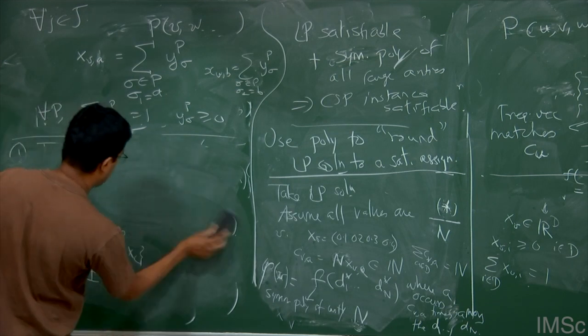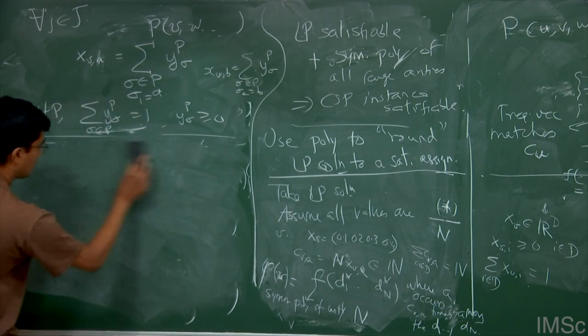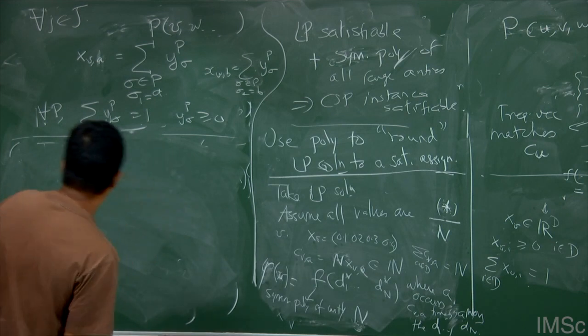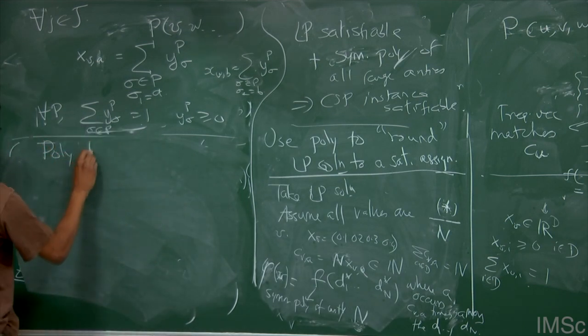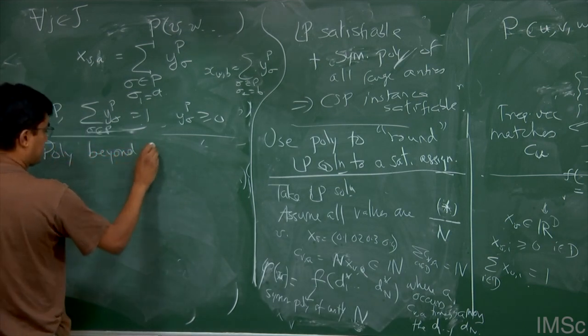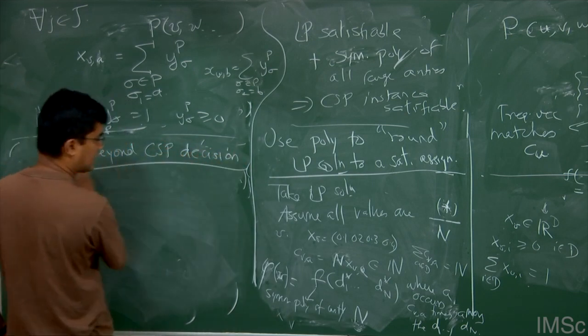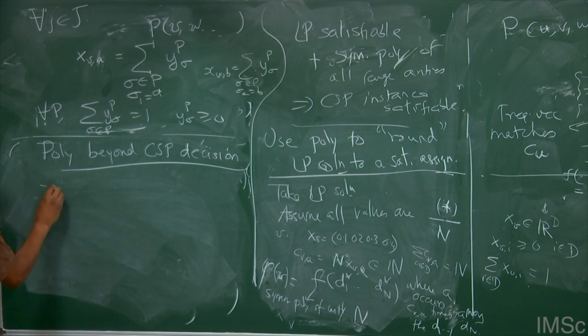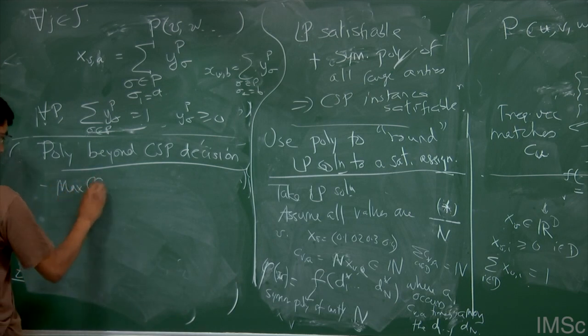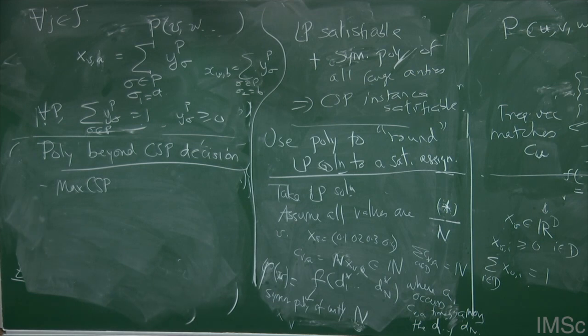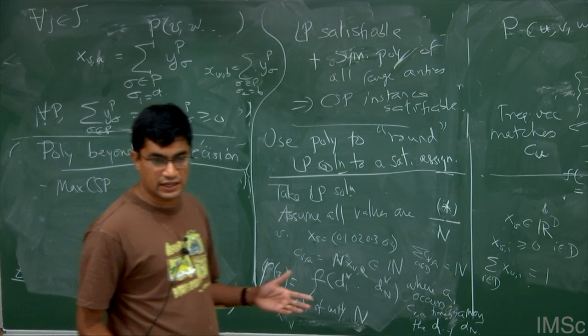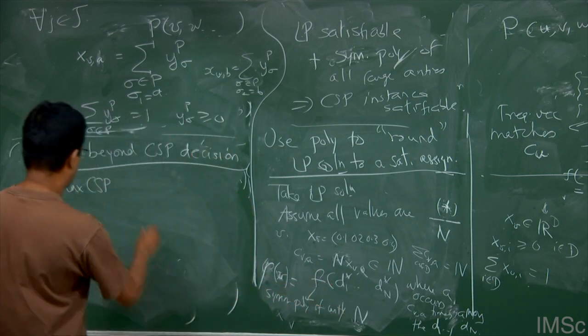But just as some teasers, I'll talk about polymorphisms beyond CSP decision. So far we have just talked about the problem of, given a CSP instance, is it satisfiable or not. We can talk about various things called max CSP. I can give you an instance and ask, maybe it's not satisfiable, but what is the largest number of constraints you can satisfy, the optimization version.